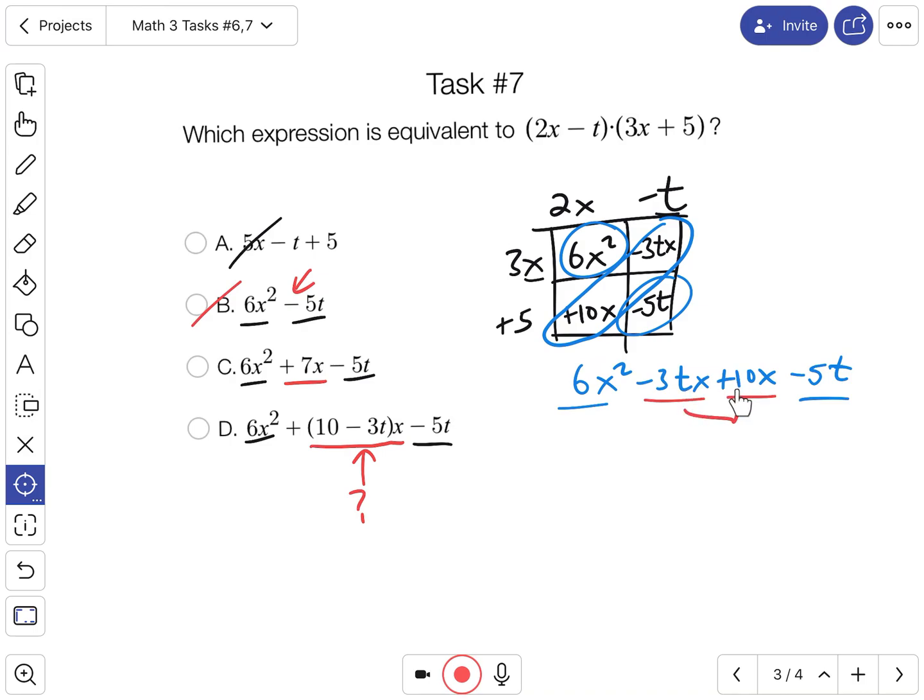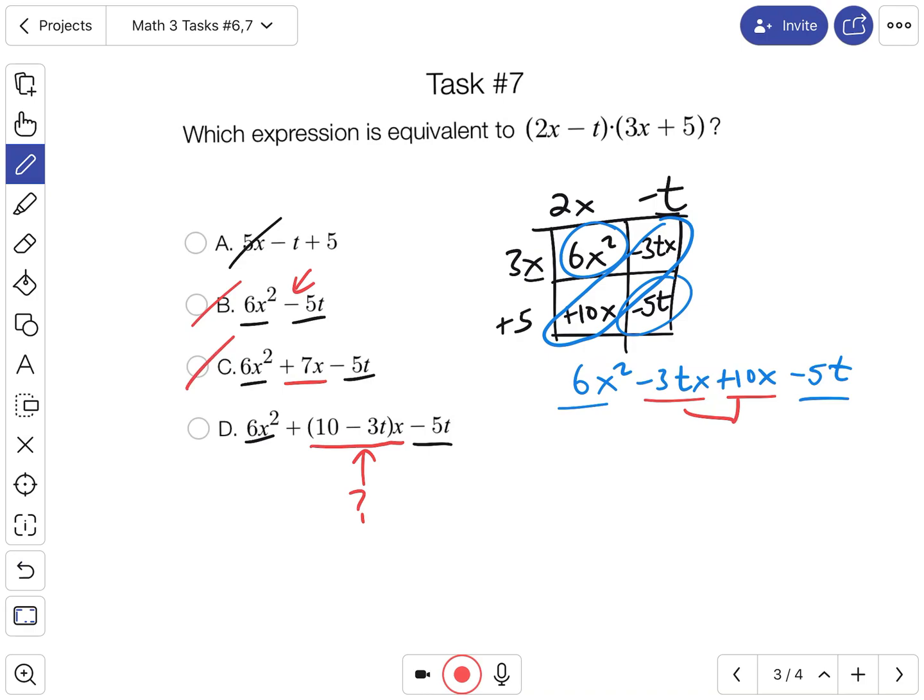Well, you really can't combine these two because this has a t and an x, this has an x. These are not like terms. In order for terms to be combined, they have to have the same letters, and this is missing the t, so you can't combine them. So this would be wrong. You wouldn't be able to combine those two middle terms.